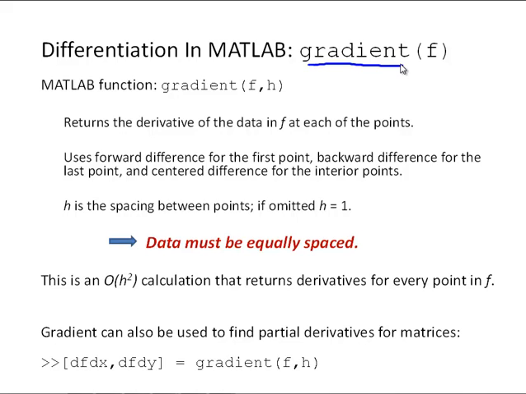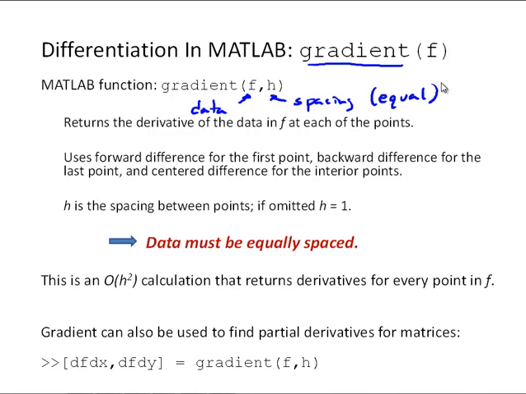The gradient function takes as an input f, which is data points, and h, which is the spacing. So notice that we're making an assumption of equal spacing. We didn't make that assumption with diff. Diff would actually work for unequal spacing.